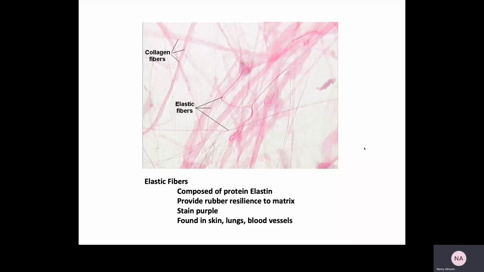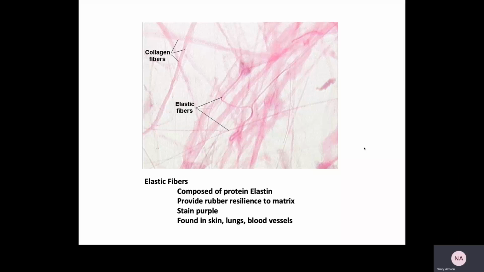Think about that. If you pull your skin out, if you're doing that tenting exercise to see if your patient is dehydrated, those elastic fibers will not respond as quickly as they ordinarily would if you were hydrated. In the lungs, it's important to have a lot of elastic fibers because they need to expand and contract with expiration and inspiration.